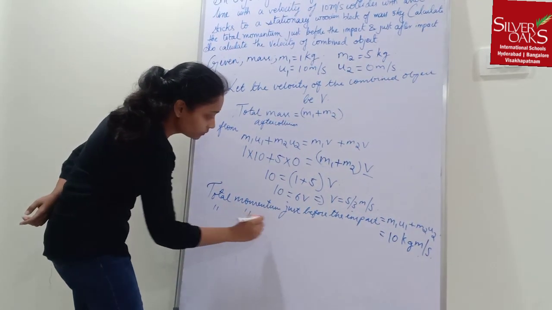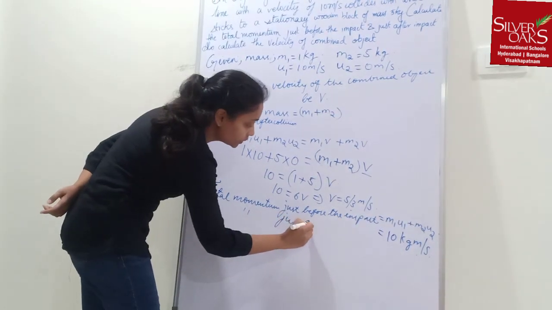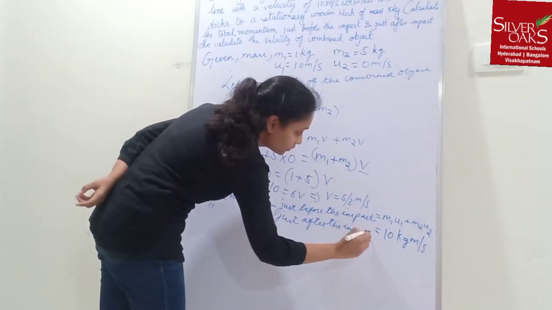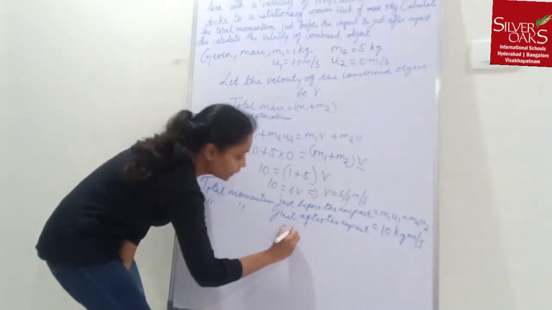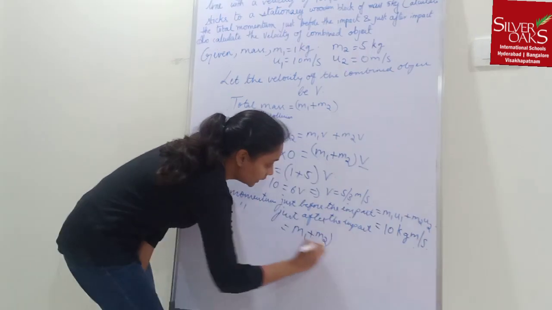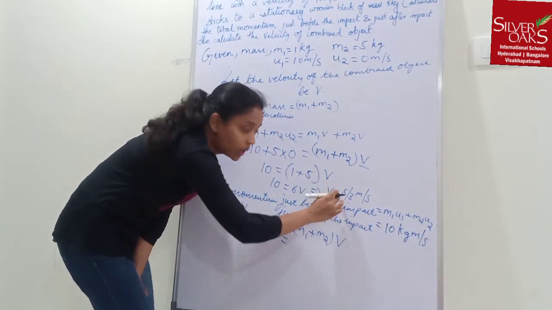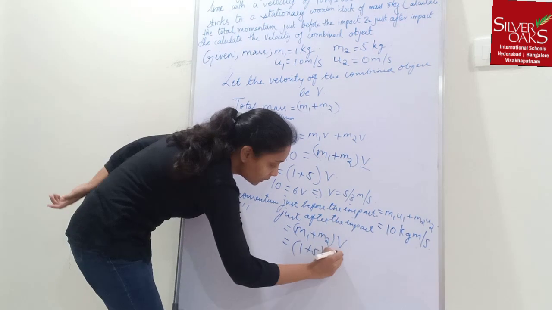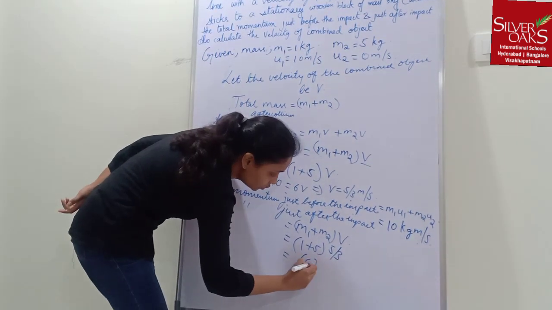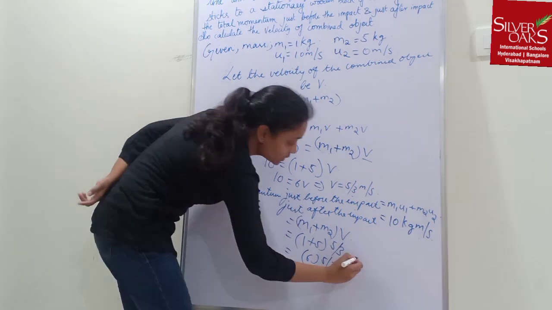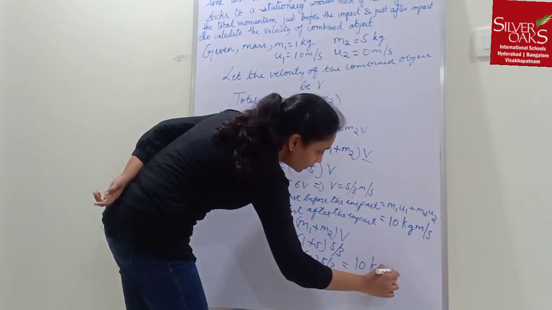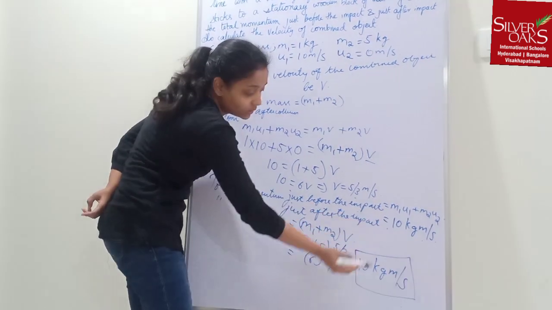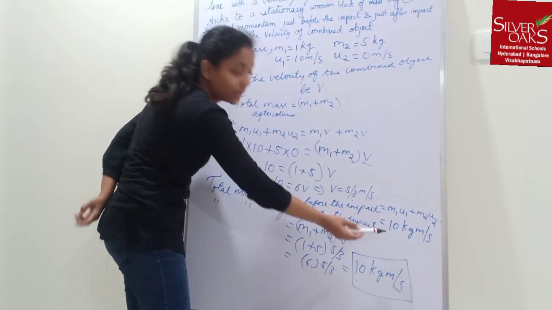Now total momentum just after the impact would be m1 plus m2 into v. Velocity of the combined object is 5 by 3. So this will be 1 plus 5 into 5 by 3, 6 into 5 by 3, which is also 10 kg meters per second. Hence, total momentum just before the impact and total momentum just after the impact are the same, 10 kg meters per second.